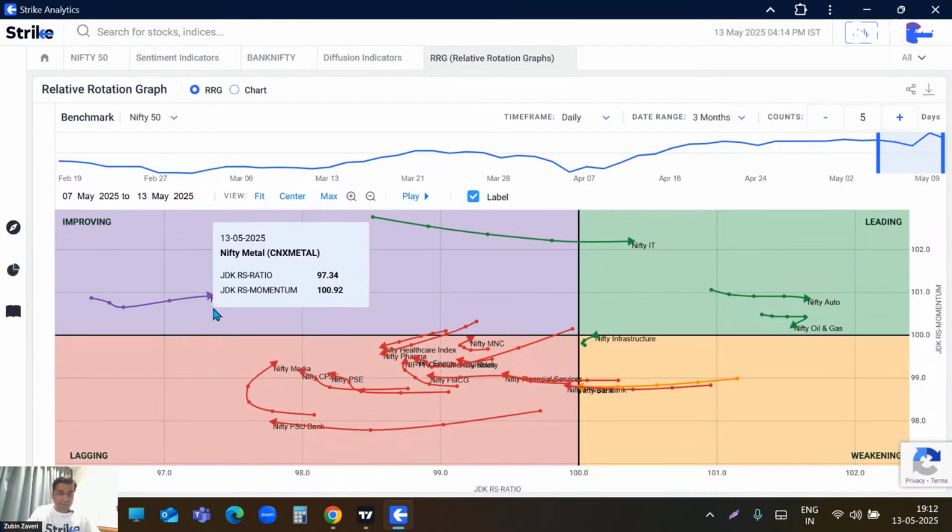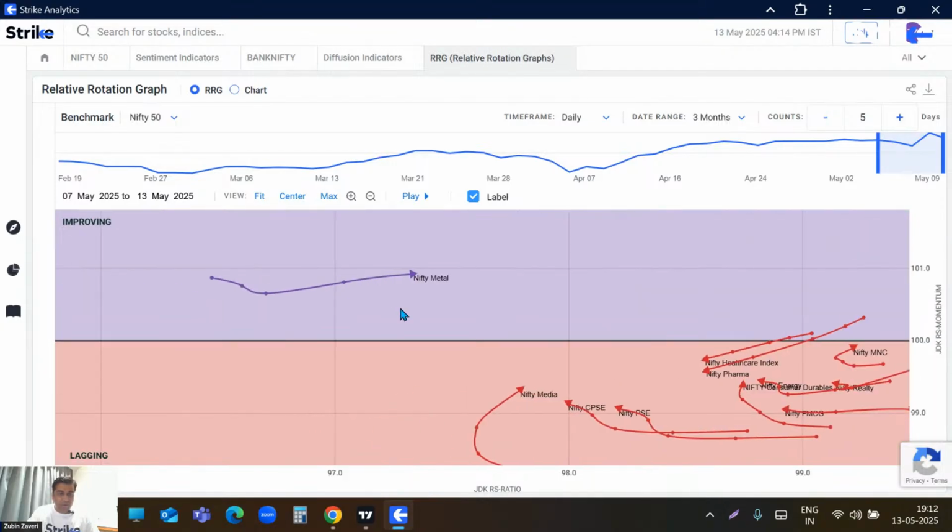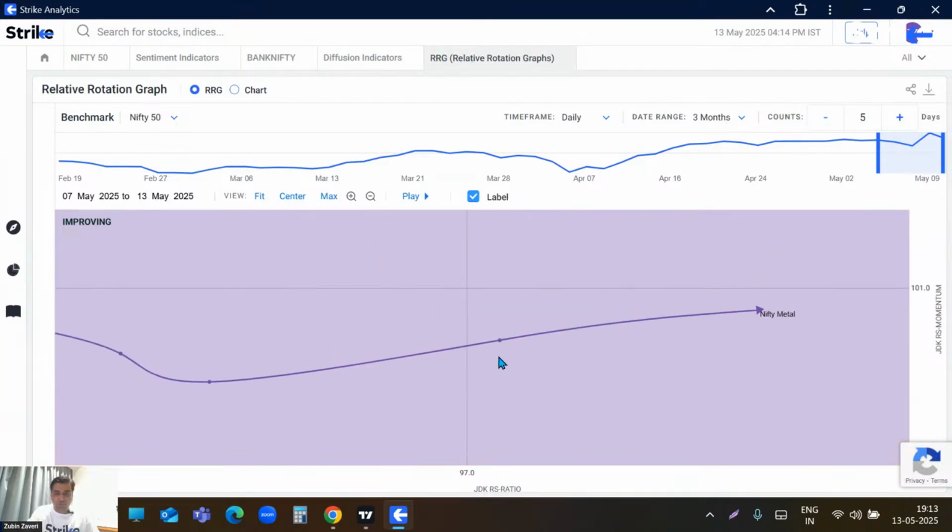So if we look at Nifty Metal, it is sloping right. Meaning what has happened, yesterday, I'll just zoom in, the RS ratio was 97.04, and today it's 97.34. So the RS ratio has increased, meaning Nifty Metal has done better than the benchmark index, that is Nifty 50.